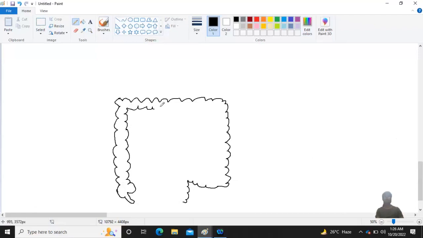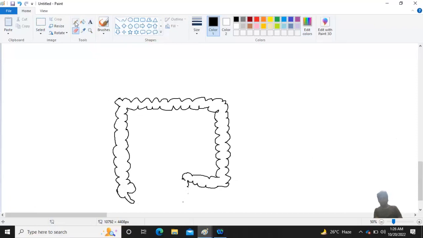So this is the large intestine. Then it continues to the rectum. So this is the part of the small intestine. The rectum is different.